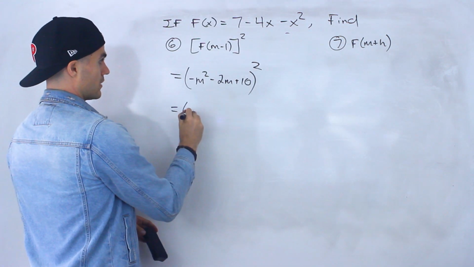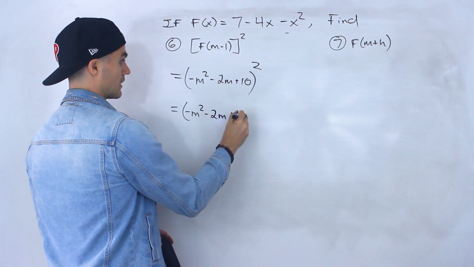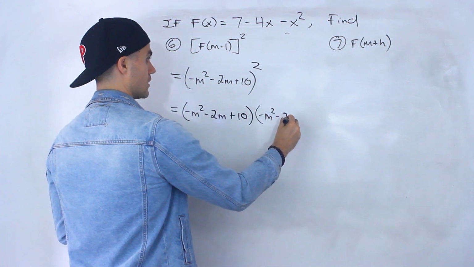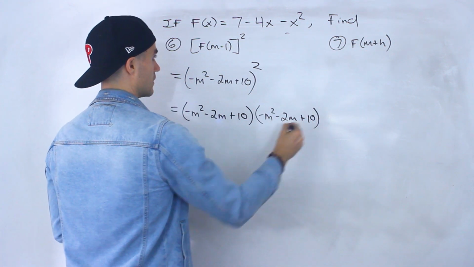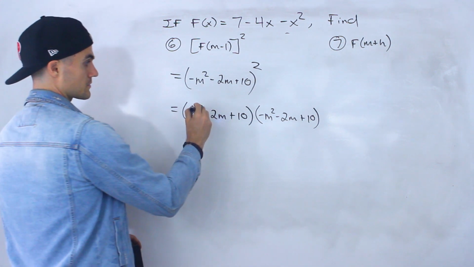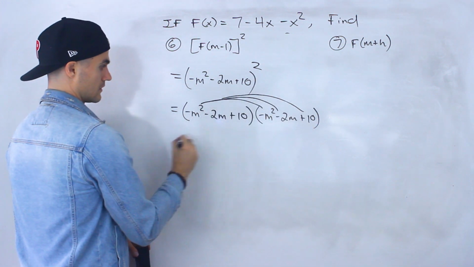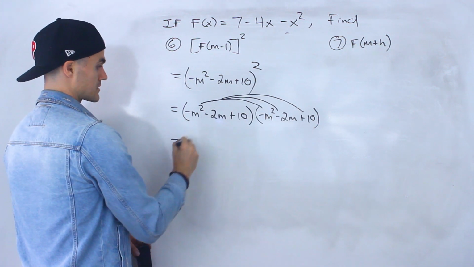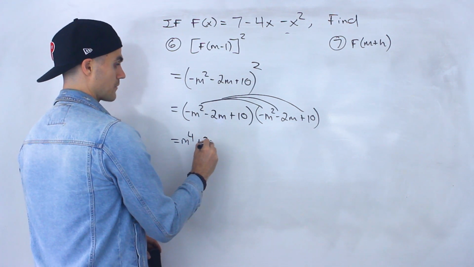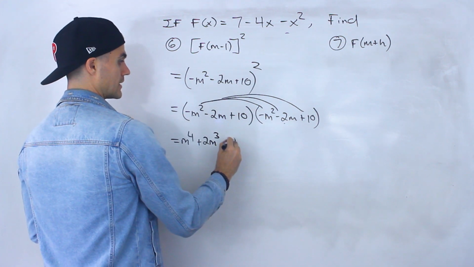This one's going to be a bit of a pain because we've got 3 terms inside this bracket, so there's going to be a lot of foiling. We've got to do it this way. Negative m squared times negative m squared is m to the power 4, plus 2m to the power 3, minus 10m squared.